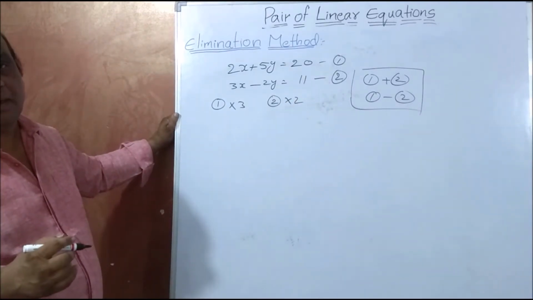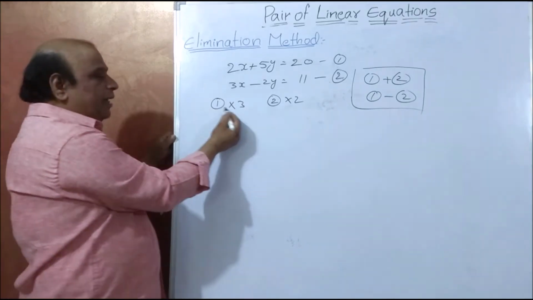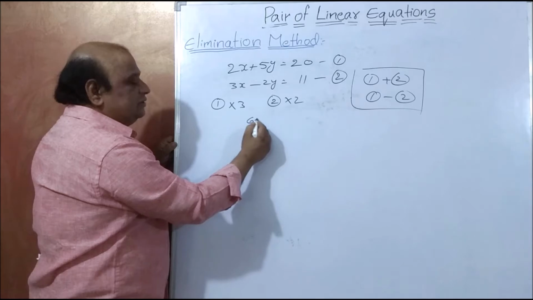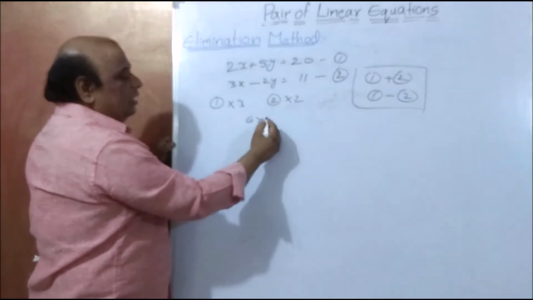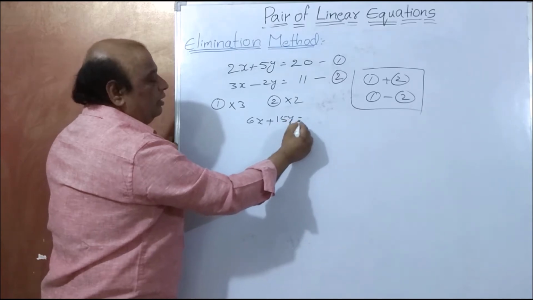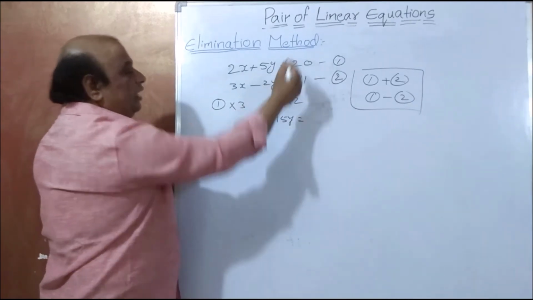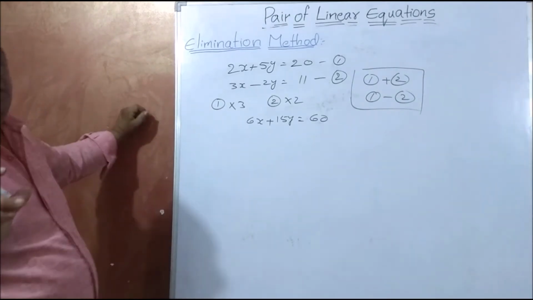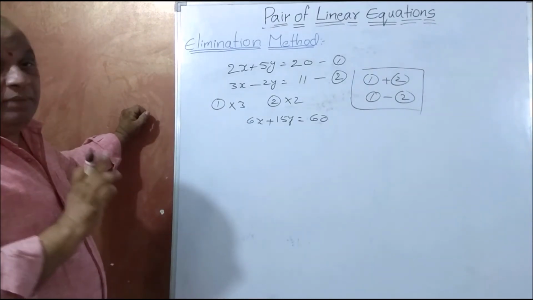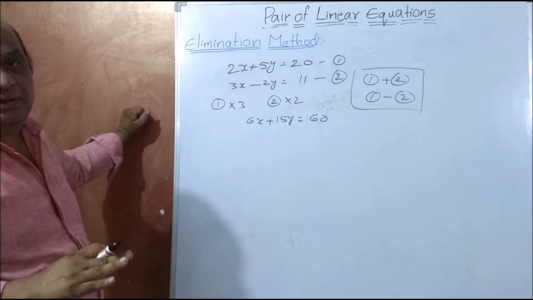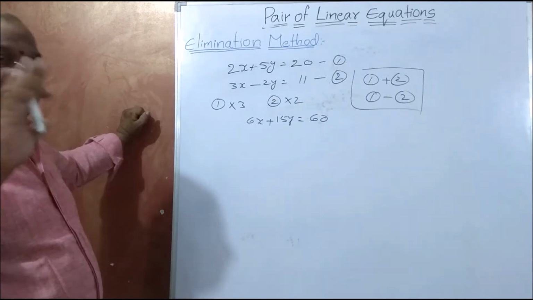Understand? Now, if you multiply equation 1 by 3, 3 2s are 6, and 3 5s are 15y is equal to 3 20s are 60. You remember this? If you multiply with one number, we have to multiply all the terms: x term, y term and constants.